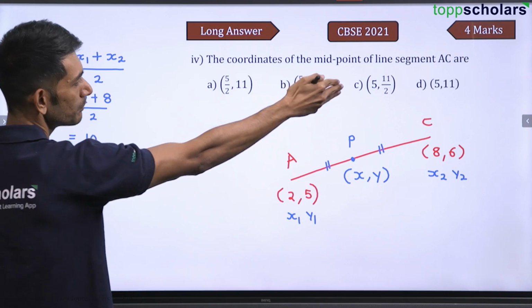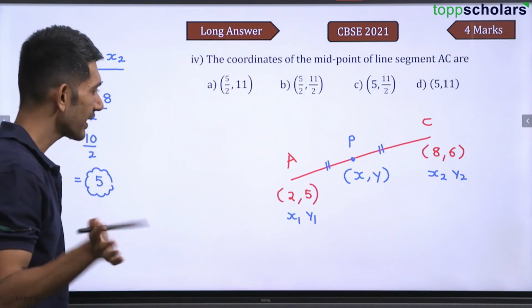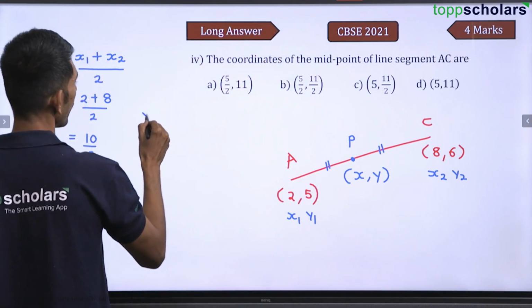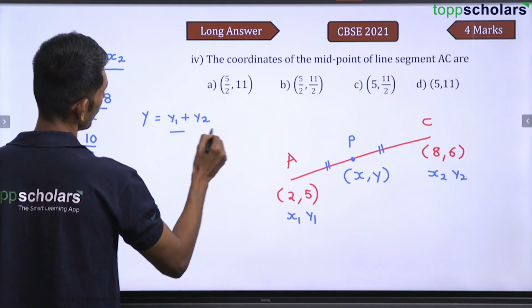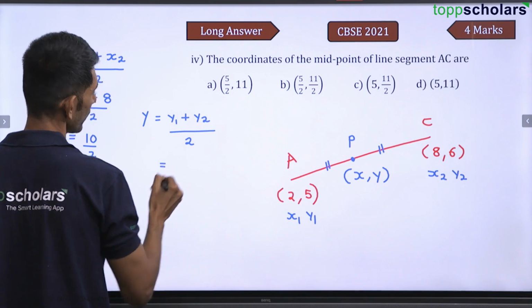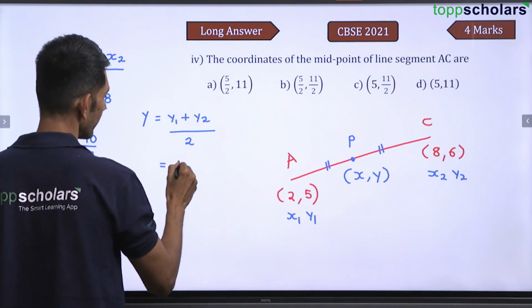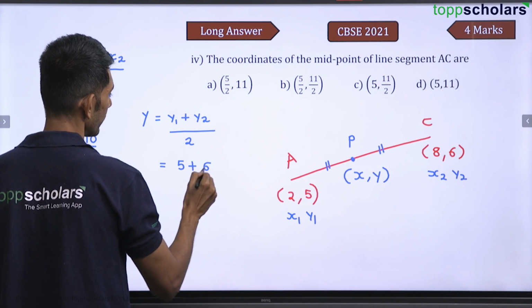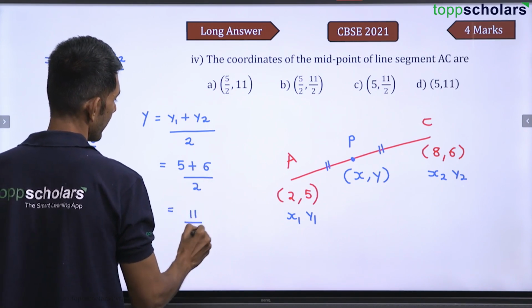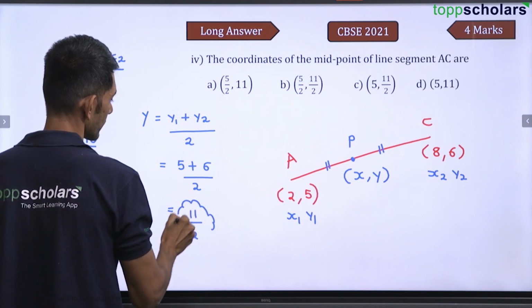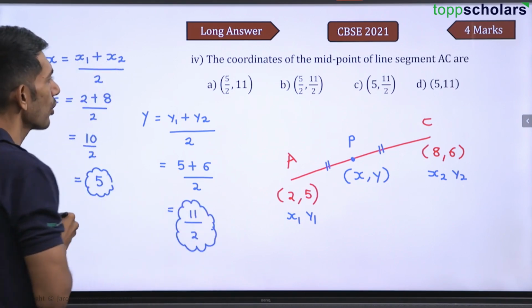So either option C or option D is correct. But let us check y also. y is what? y1 plus y2 by 2. y1 is 5, y2 is 6, so 5 plus 6 by 2 gives you 11 by 2. So 5 comma 11 by 2.